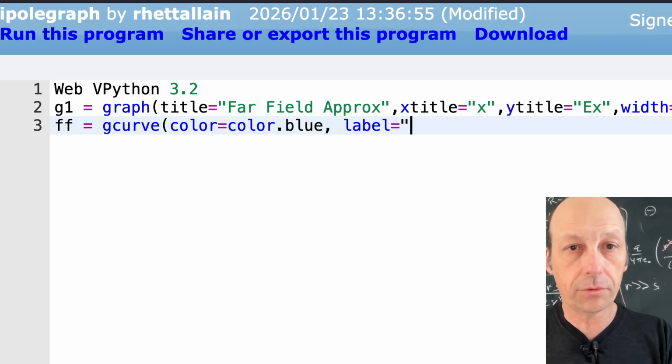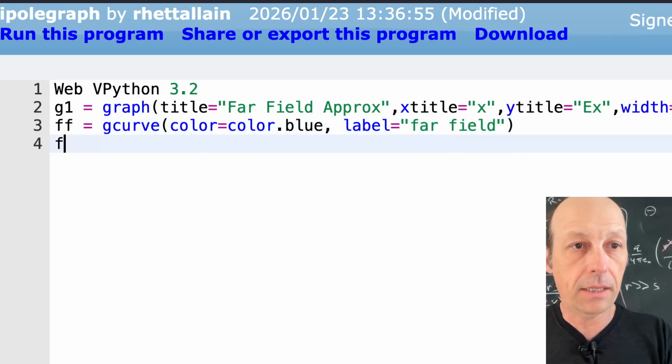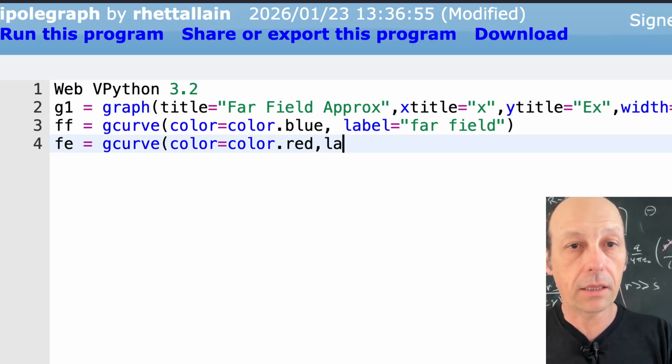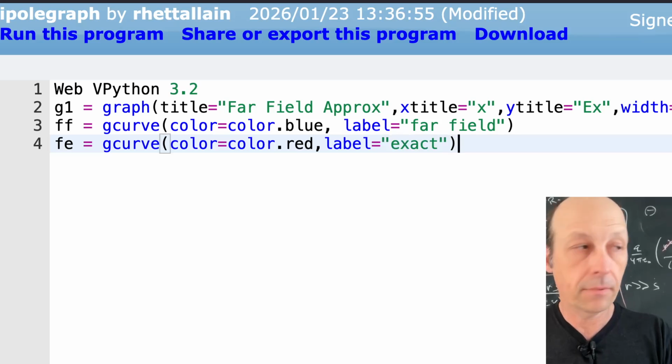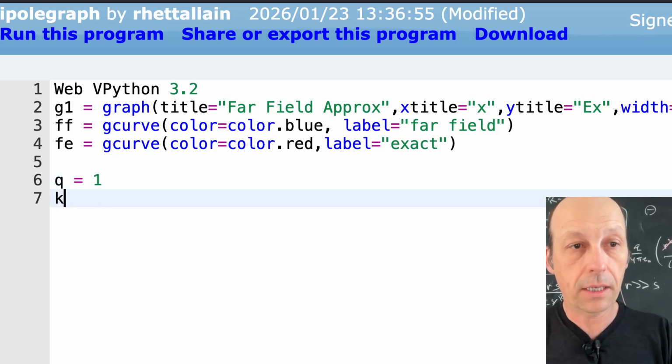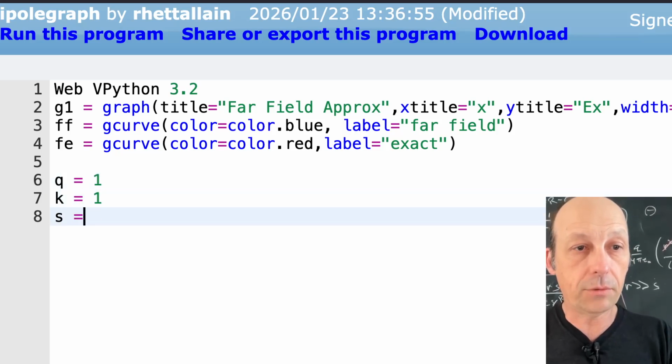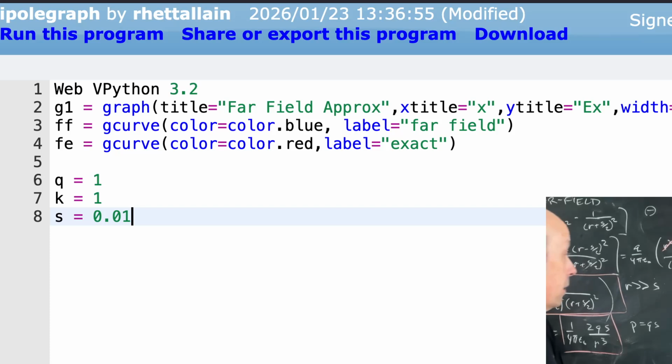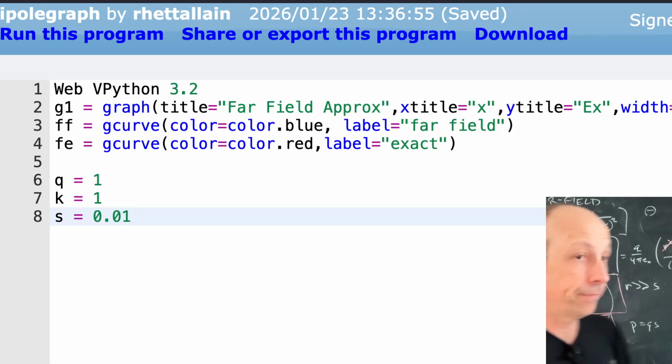Label is going to be equal to far field. That's good. And then FE is the exact gcurve, color dot red, label equal exact. Okay, now we're ready. Q equals 1, K equals 1, S equals 0.01. Is that what I said? Yeah. Okay.